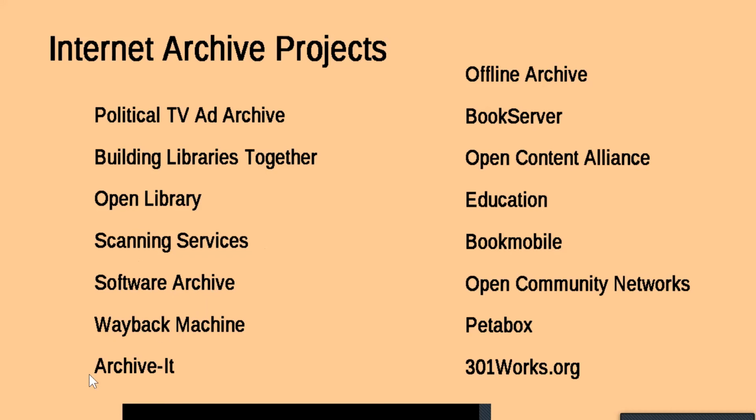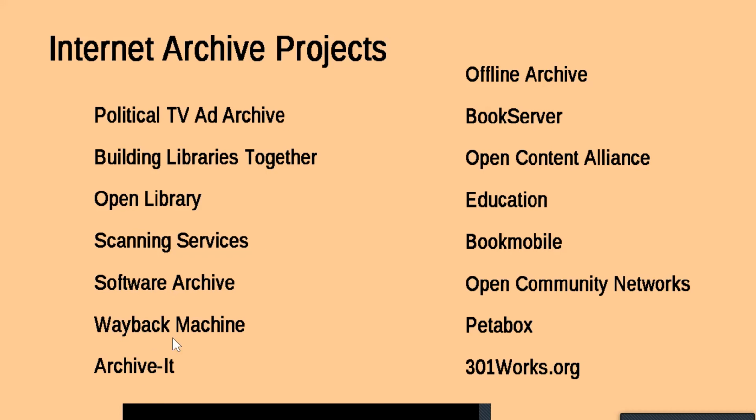Now, Archive It is an online software thing that helps people who want to archive things, and so it'll help you organize your archive, not your files on your computer, but things that you want to archive for the future.